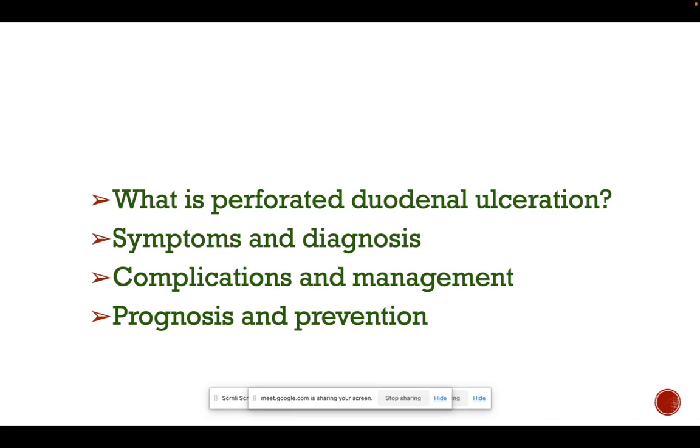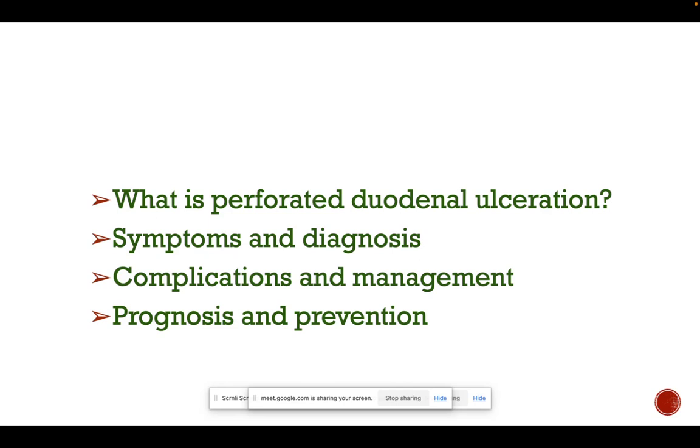Under prognosis and prevention, the presentation touched upon the prognosis for individuals with perforated duodenal ulceration, highlighting that early detection and treatment improve outcome. It was emphasized that preventing duodenal ulcers can be achieved by avoiding risk factors like smoking, excessive alcohol intake, and prolonged use of NSAIDs.